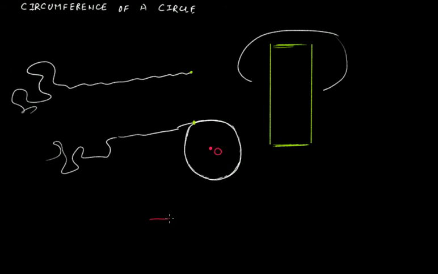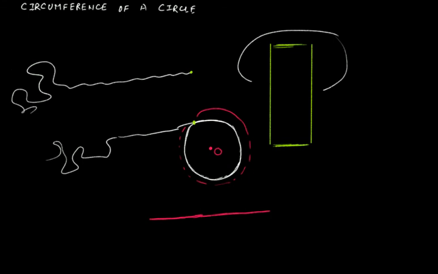So let's say that this is the portion of the thread that is forming the circle. This whole portion I have represented it here.